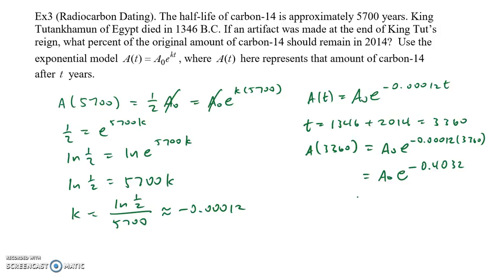So this would be approximately A0 times 0.67. In other words, 67% of A0 remains.